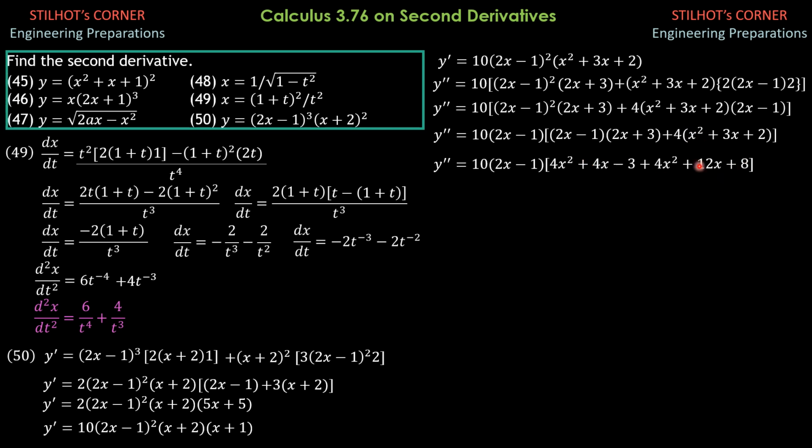Combining like terms inside the brackets, y double prime is 10 quantity 2x minus 1, then 8x squared plus 16x plus 5. So that's the final answer. Let's just highlight it. y double prime equals 10 quantity 2x minus 1, then 8x squared plus 16x plus 5.